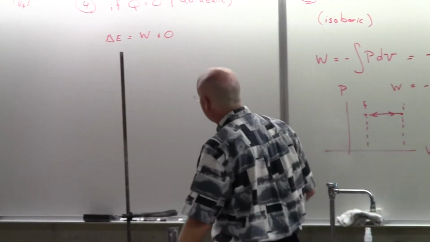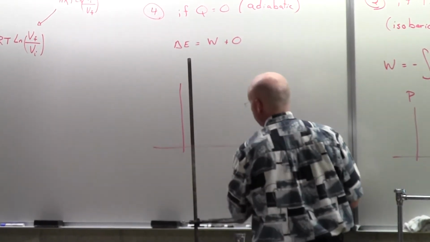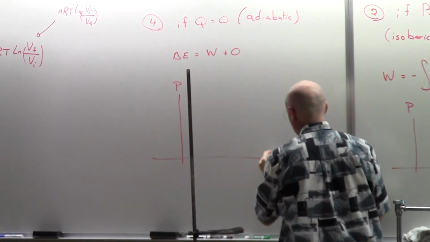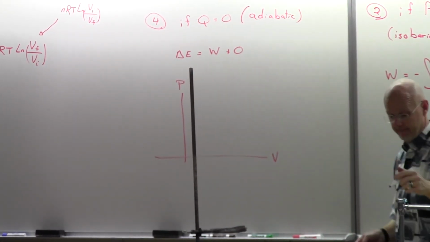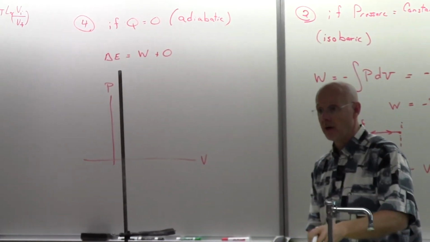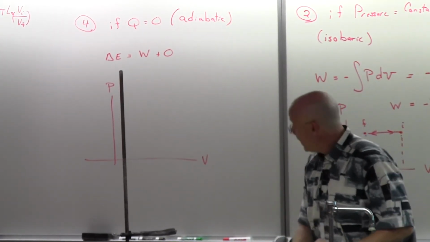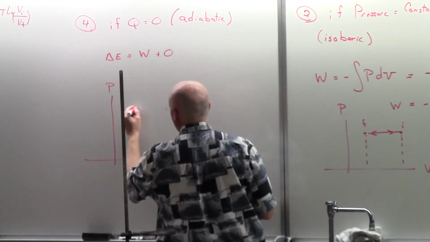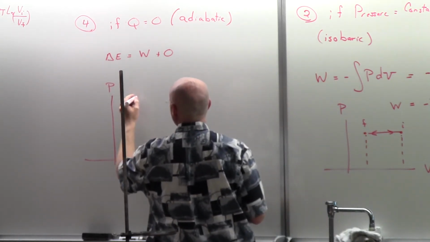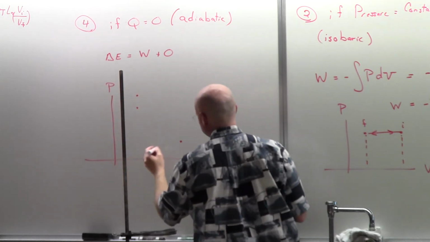And so on a PV diagram, what am I going to see? Is this kind of like the last case where the temperature's not taken? Wait, okay. And so this, maybe I'll do this.